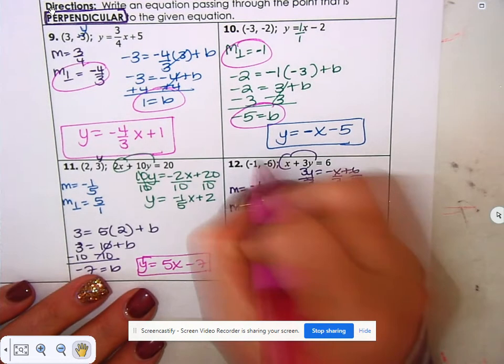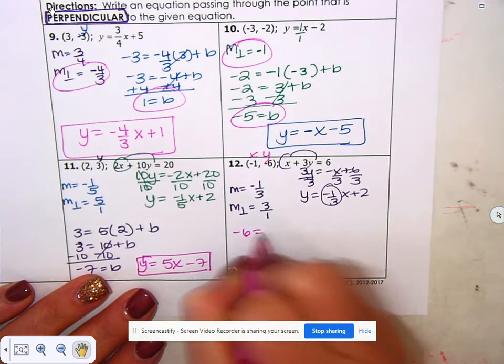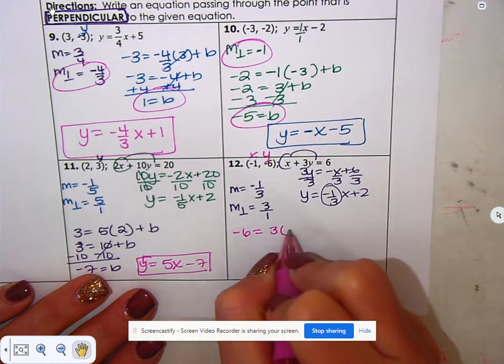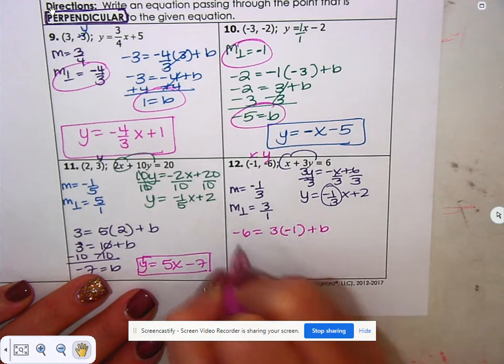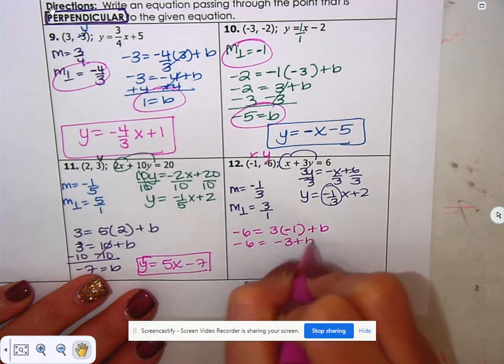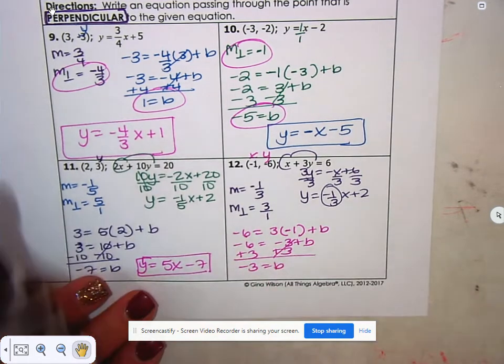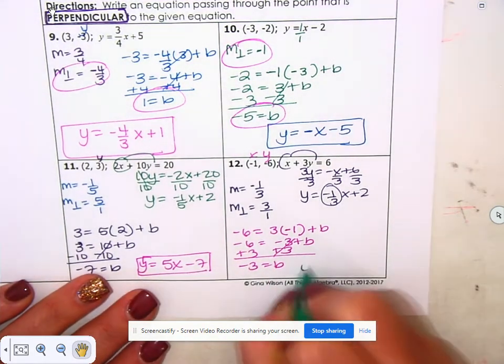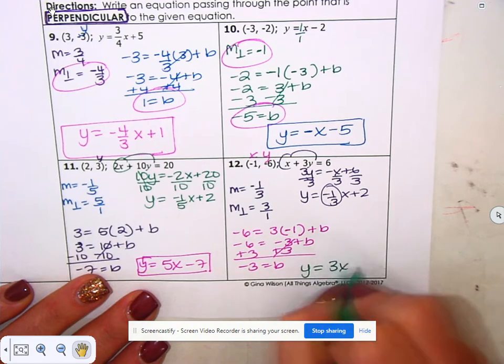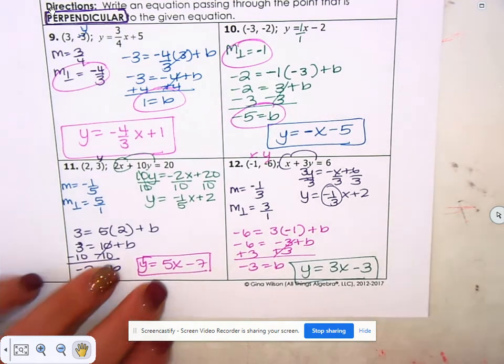Okay, so that's what we're going to use with our x and our y. So negative 6 equals 3 times negative 1 plus b. Okay, so b is negative 3. So now we have y equals 3x minus 3 as our final answer.